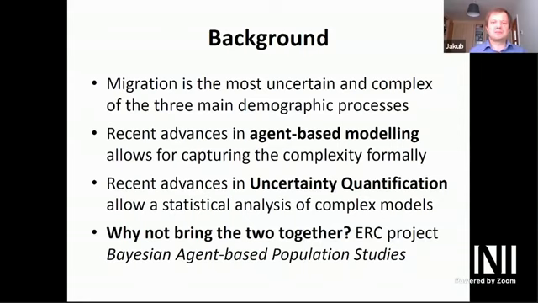At the same time, we have had advances in statistics in the area of uncertainty quantification that allow us to analyze the complex models in a formal way. So the question arose, why not bring these 2 approaches together, and hence the project Bayesian Agent-based Population Studies was born, funded by the European Research Council.